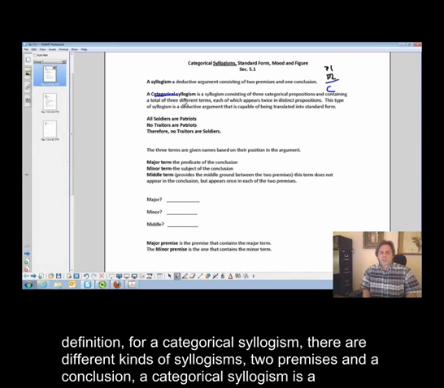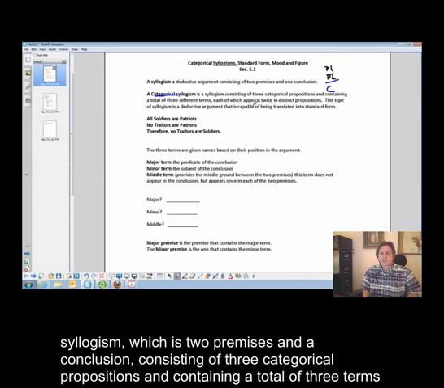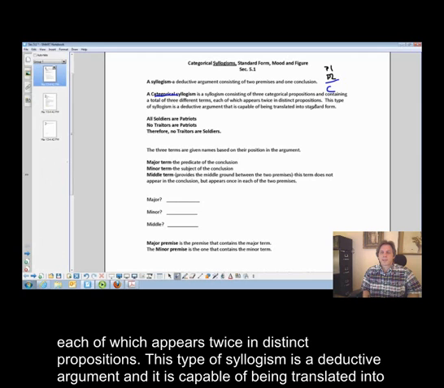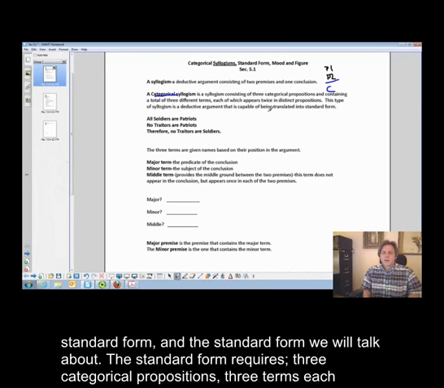A categorical syllogism is a syllogism, which is two premises and a conclusion, consisting of three categorical propositions and containing a total of three terms, each of which appears twice in distinct propositions. This type of syllogism is a deductive argument, and it is capable of being translated into standard form, and the standard form we'll talk about, okay?